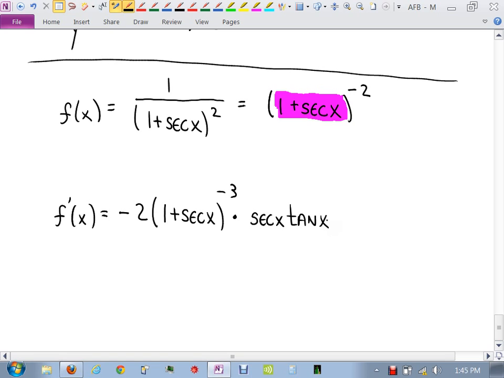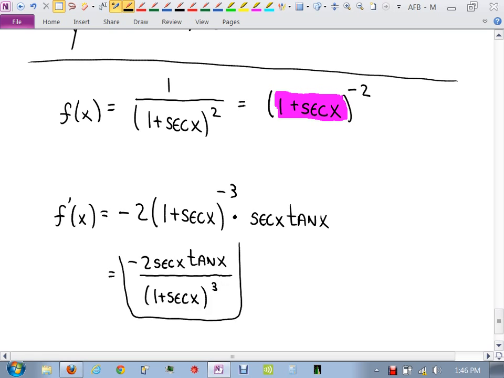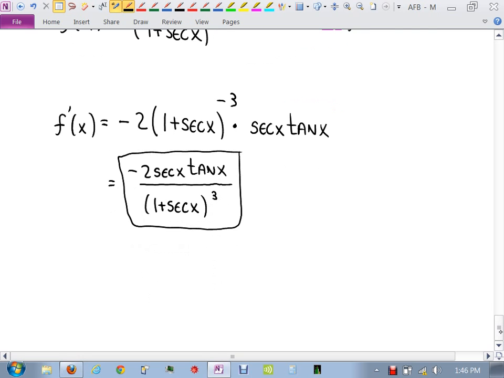Plus, derivative of secant is secant x tangent x. And cleaned up a little bit, negative 2 secant x tangent x over 1 plus secant x cubed. That is a way to do that problem. Not the only way, but a way.